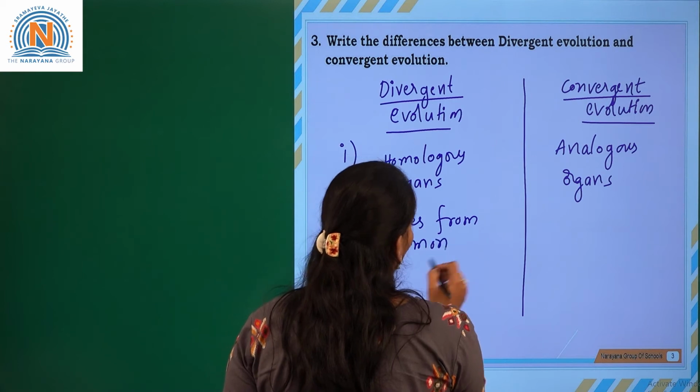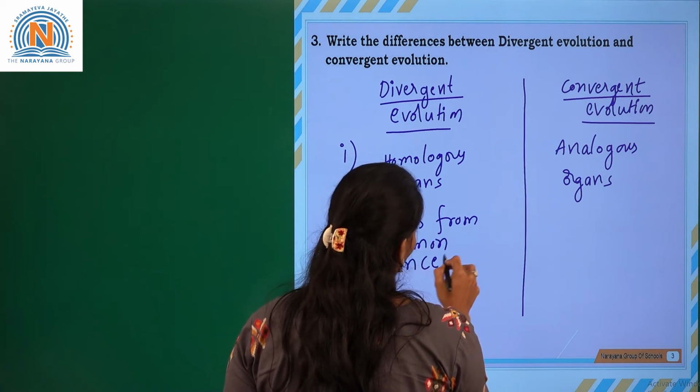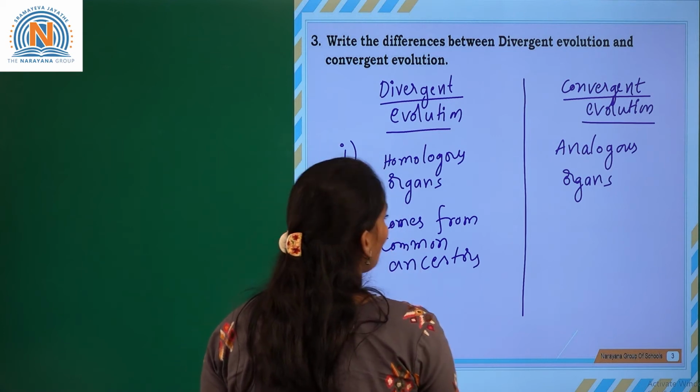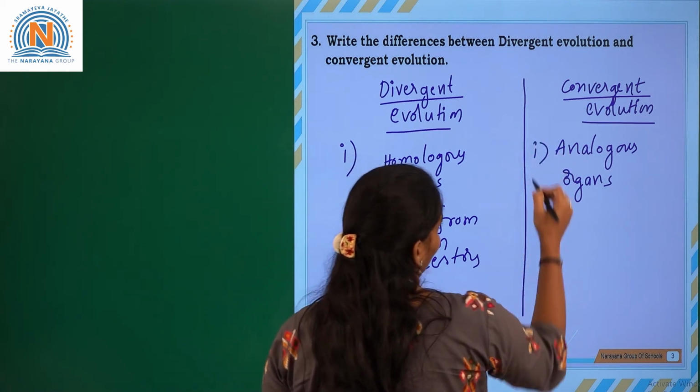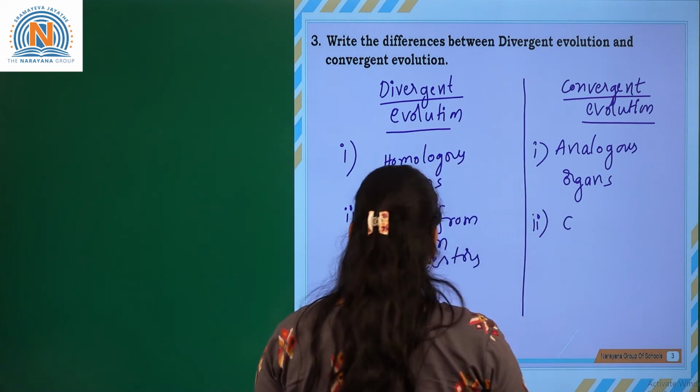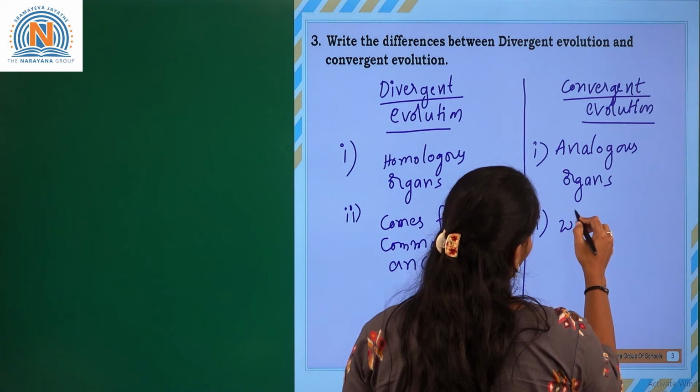The second point: homologous organs come from common ancestors. Analogous organs will not come from common ancestors.